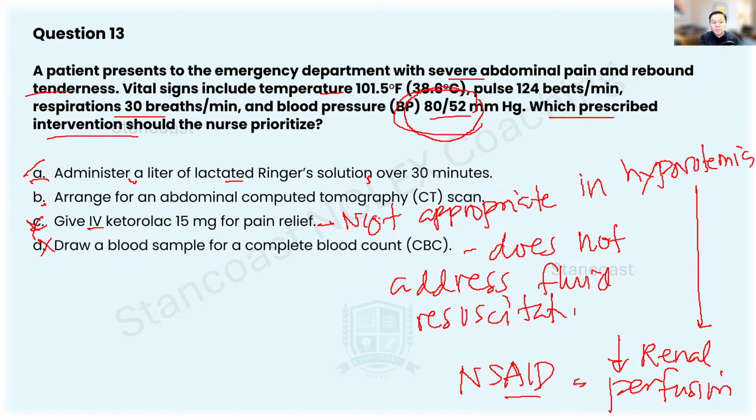Also could become septic, so we should administer the fluid bolus first, things first, and we will be doing the rest of letter B and letter D once we have completed letter A. Okay, we're not going to give letter C. No ketorolac, no non-steroidal anti-inflammatory, because it will cause more impairment to the kidneys when there is hypovolemia. NSAID is never good to the kidneys.